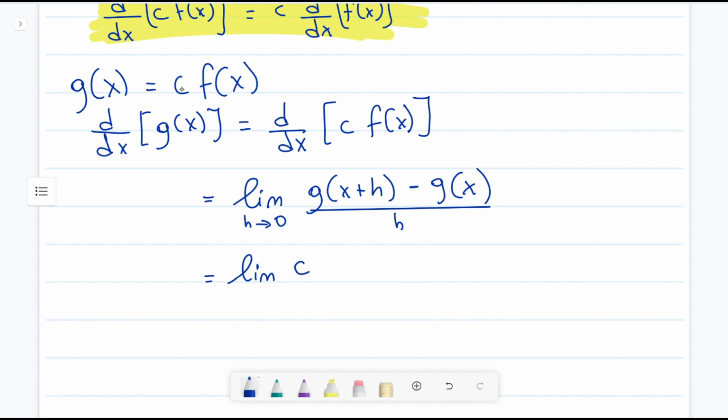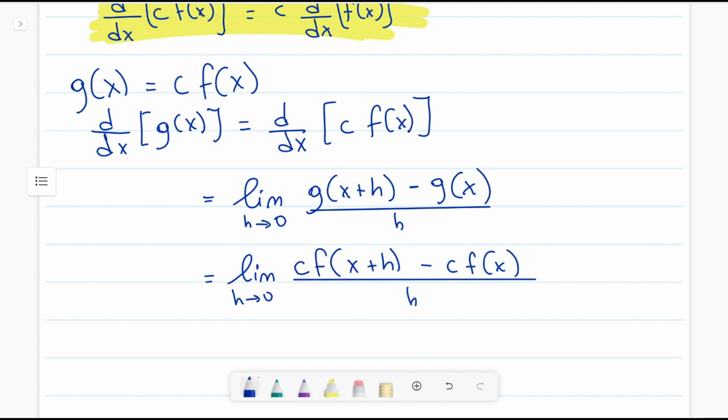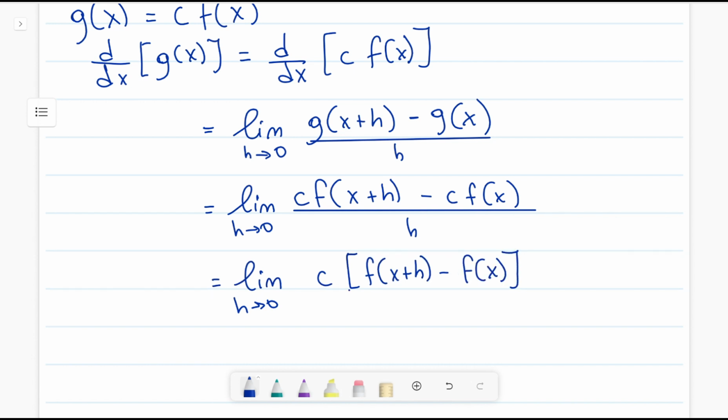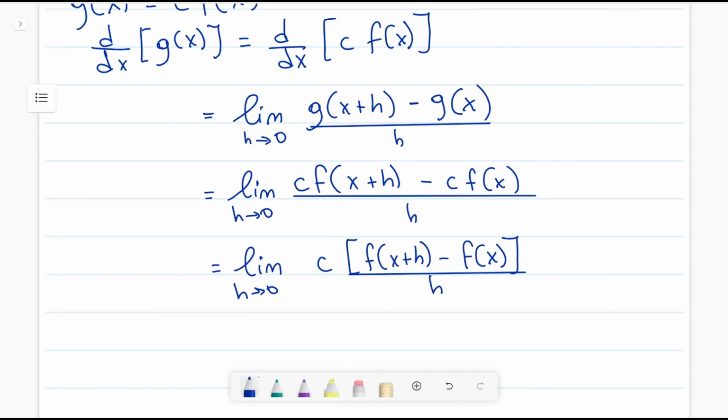It becomes c times f of x plus h, minus g of x, which is c times f of x, divided by h. And as you can see, we can factor the c from the numerator, and we get c times f of x plus h minus f of x divided by h.